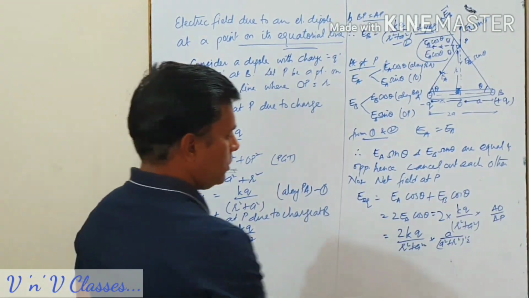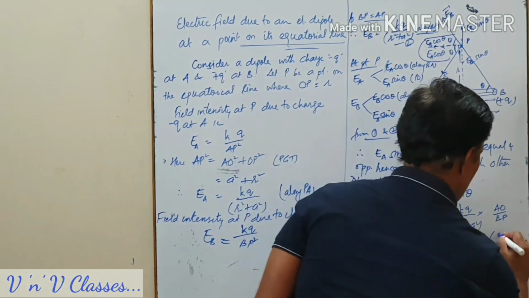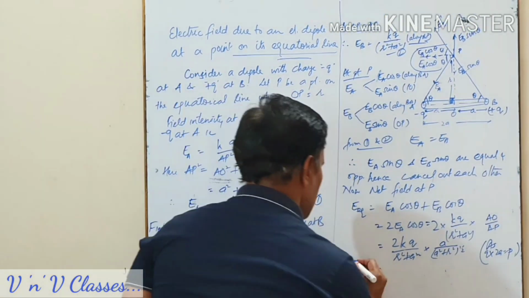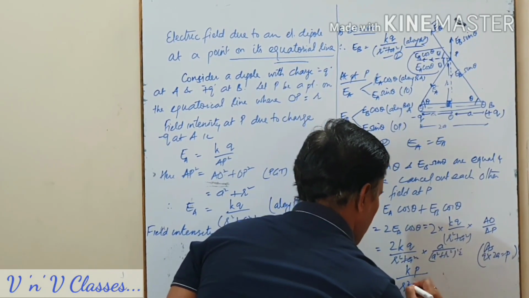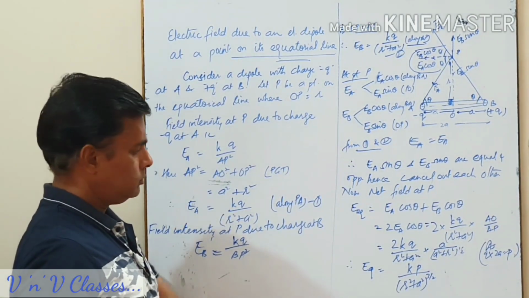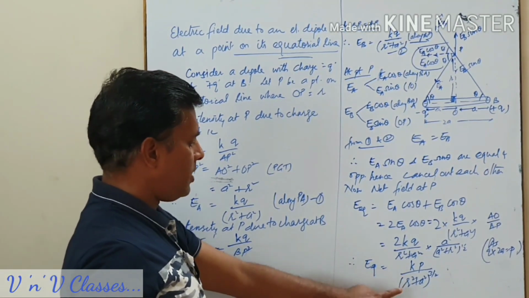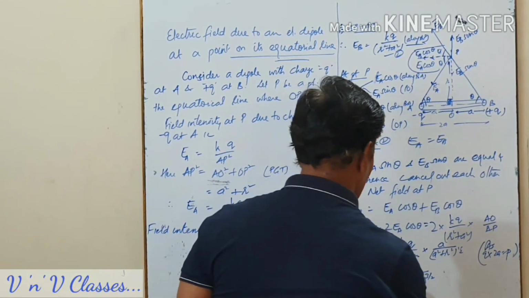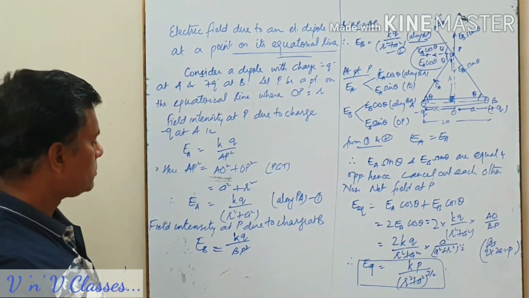If you multiply them, so KQ into 2A. So Q into 2A you can recall as P, that is dipole moment. So therefore E equatorial comes out to be Kp upon R square plus A square to power 3 by 2. Is it clear? This is E equatorial, Kp upon R square plus A square to power 3 by 2. This is the net field at a point on the equatorial line of the dipole.